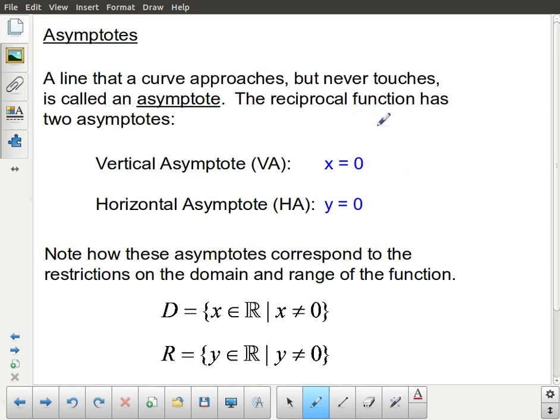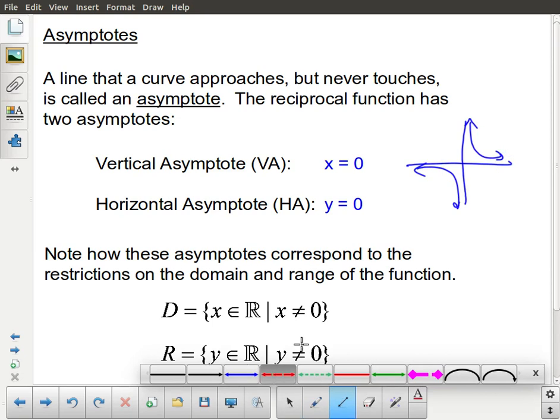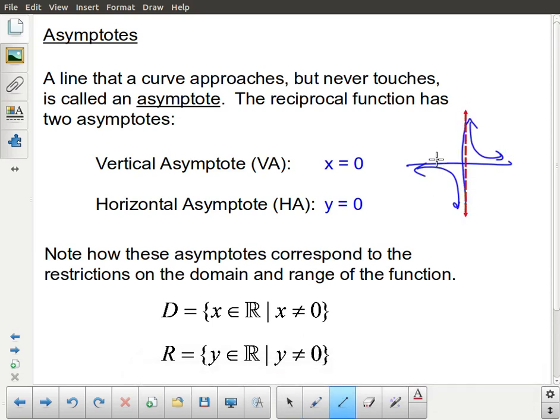So we took a look at the reciprocal function. That was this one. And as we saw, the reciprocal function itself had two asymptotes. It had a vertical asymptote and it had a horizontal asymptote. These are the equations of those asymptotes. They're straight lines.